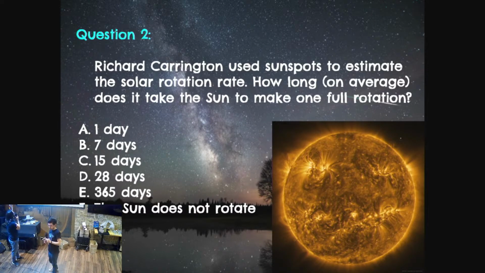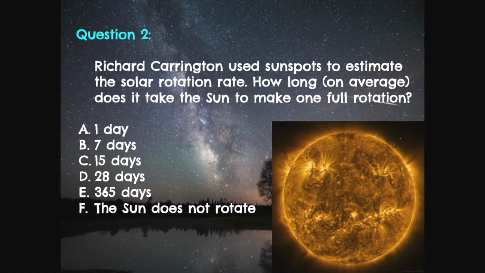Question 2. Richard Carrington used sunspots to estimate the solar rotation rate. How long, on average, does it take the sun to make one full rotation? A, 1 day, B, 7 days, C, 15 days, D, 28 days, E, 365 days, or F, the sun just doesn't even rotate. How sad.